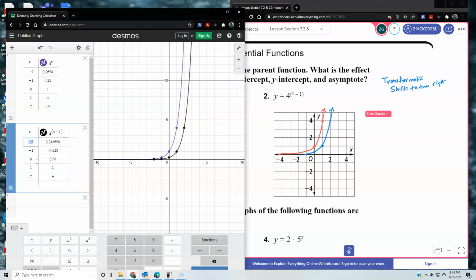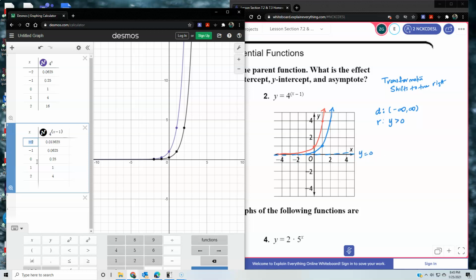Once again, the domain of the new function, 4 to the power x minus 1, is all real numbers. We have a range in which y is greater than 0 because there is a horizontal asymptote at y equals 0.